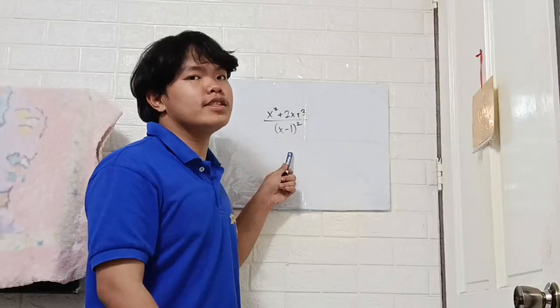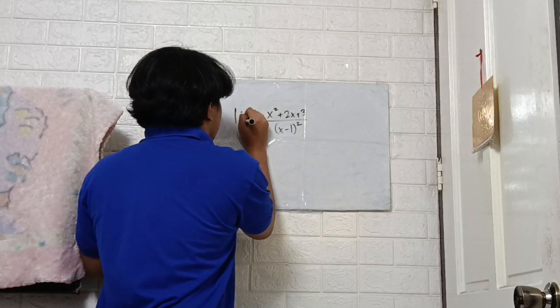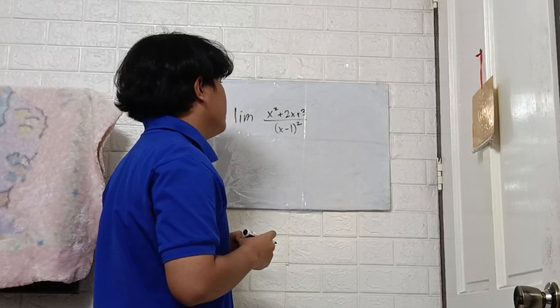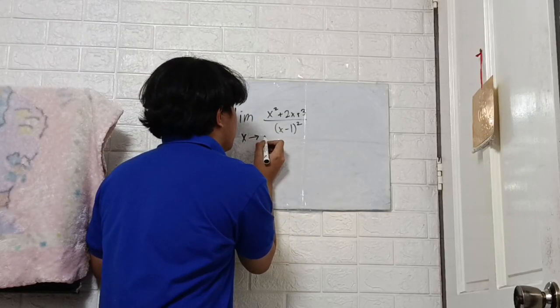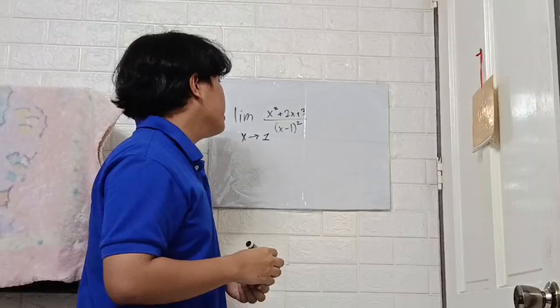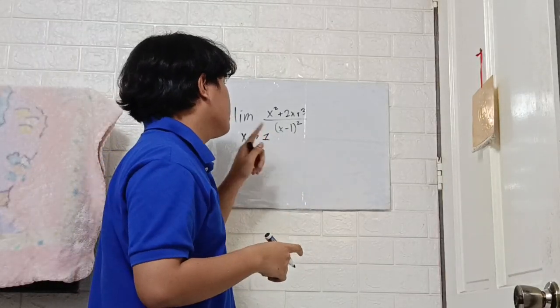And now we'll turn this into a limit. So it will become the limit of x squared plus 2x plus 3 all over x minus 1 squared as x approaches 1. Since we cannot simply factor out the numerator, we will just substitute all the x's in this expression with 1.